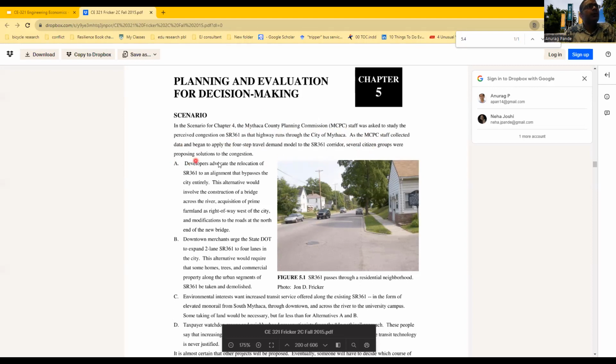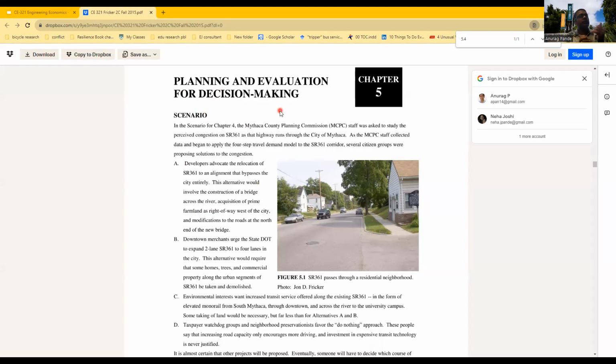Several citizen groups were proposing solutions to the congestion. Now, this is where this chapter is important, because we're talking about planning and evaluation for decision making. And obviously, there is a numerical component to the decision making, the benefit cost analysis that we're going to learn to conduct in this chapter.